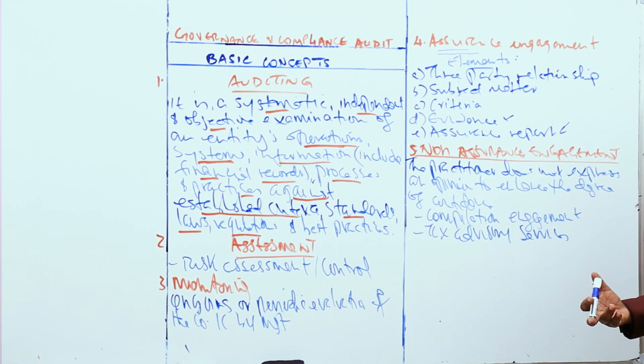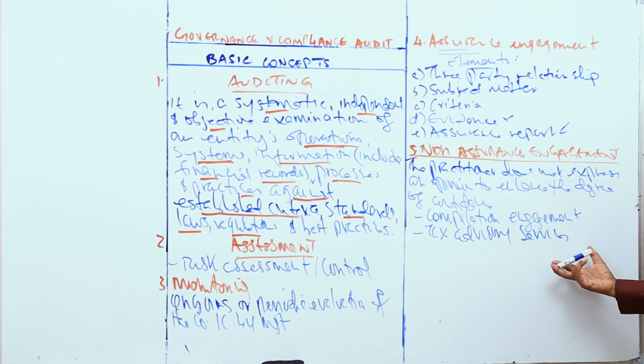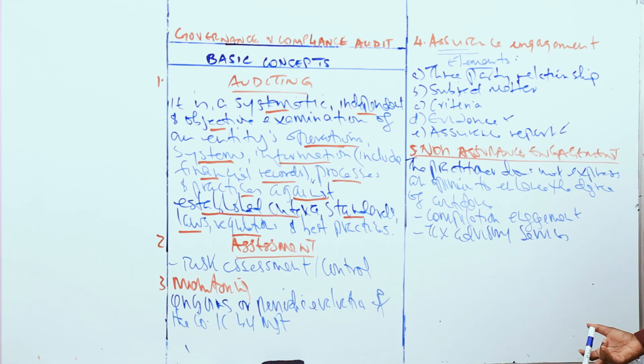Here, in providing tax services, the practitioner may provide tax planning or compliance advice. A conclusion is not given, just advice. The practitioner does not express any opinion to enhance the degree of confidence.